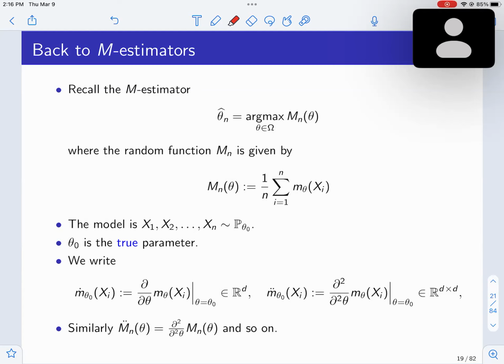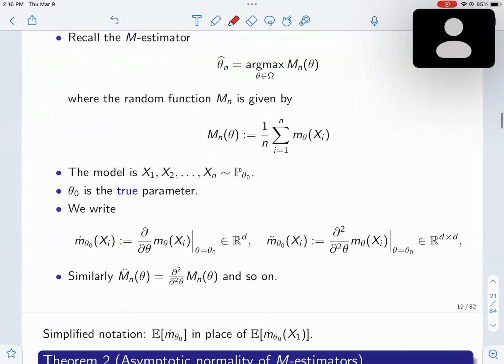Theta naught is the true parameter, and let's introduce these notations, which are similar to what we had for the score function. A single dot on top of m means derivative with respect to theta, and a double dot means second derivative with respect to theta. If you really want, this is really the Hessian. I'm writing it like that for simplicity, but this is a matrix if theta is in R^d.